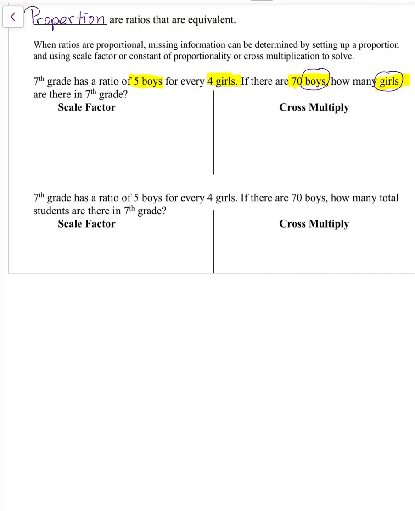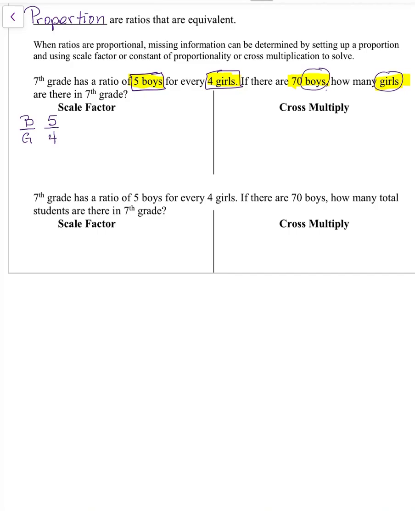Not because of what's over here, but because of what is in the question. Okay? So I said you always write your word ratio, boys to girls. So you go find your original information that they give us. So they give us 5 boys for every 4 girls. So boys, girls.